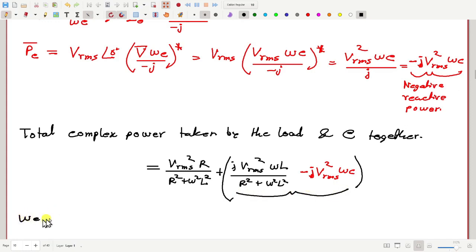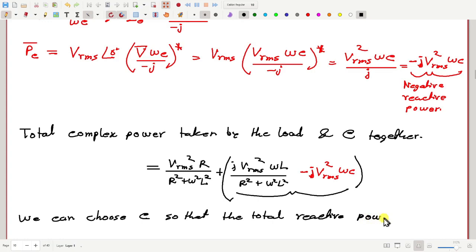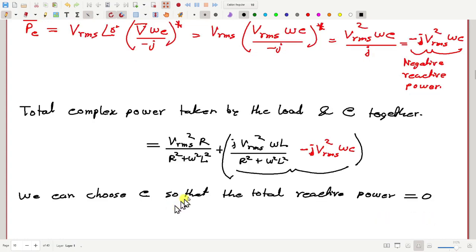Okay, so we can choose C so that the total reactive power will become 0, and then at the same time the total power factor will become 1. Total power factor will be equal to 1. So cos theta will become 1.